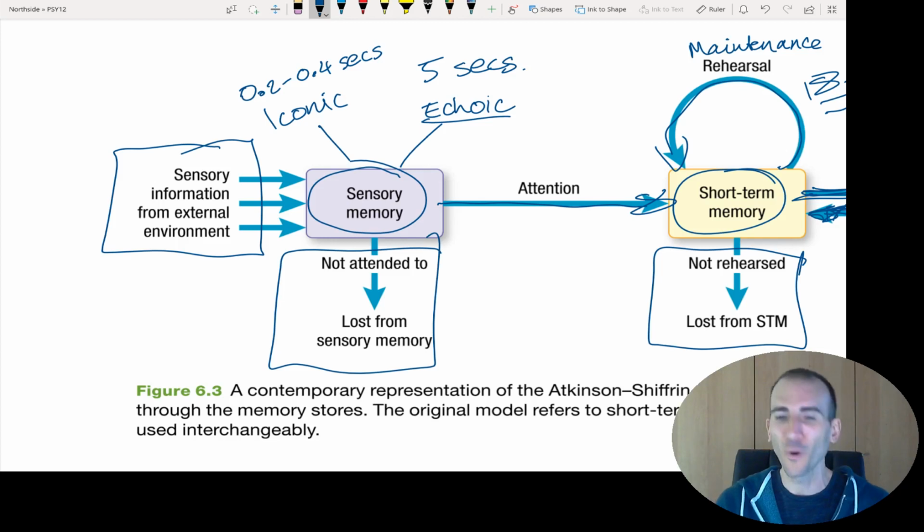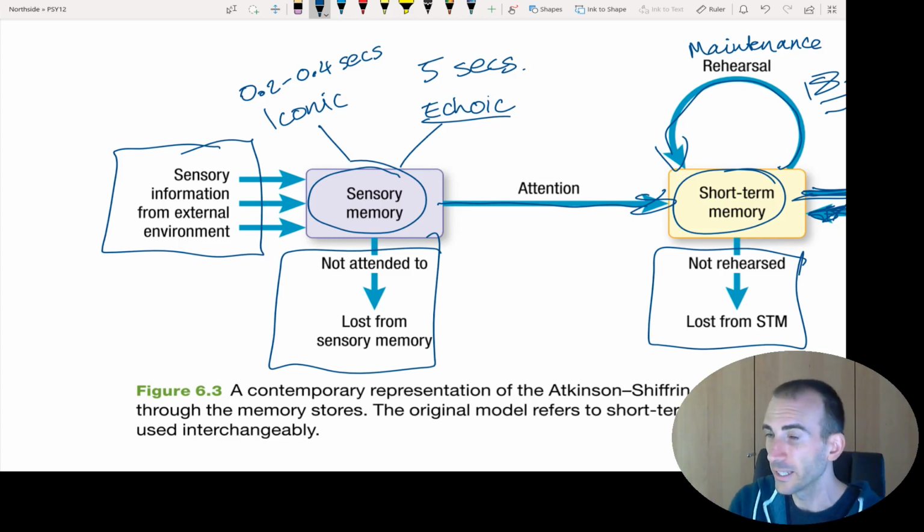To illustrate echoic memory, have you ever done that thing where you're on the couch, watching TV, and your mum says, do you want me to make you some dinner? And you don't hear, and you say, what? Oh, yes, I would. You say what like you didn't hear, but then a moment later you answer the question because you realize you actually did hear.